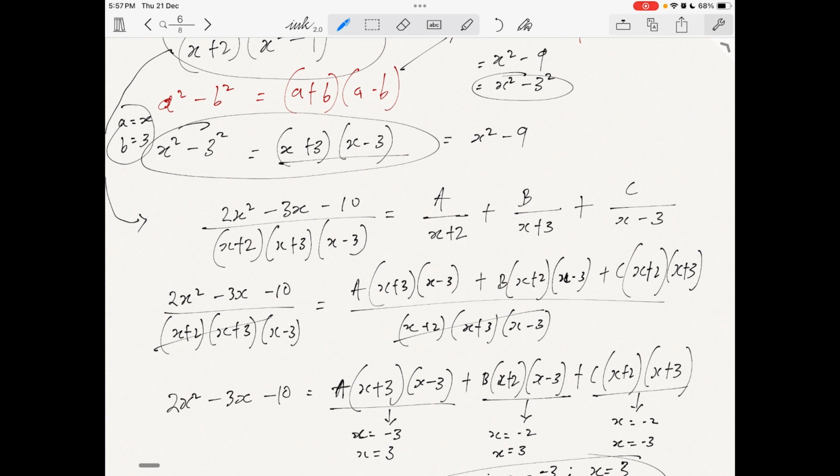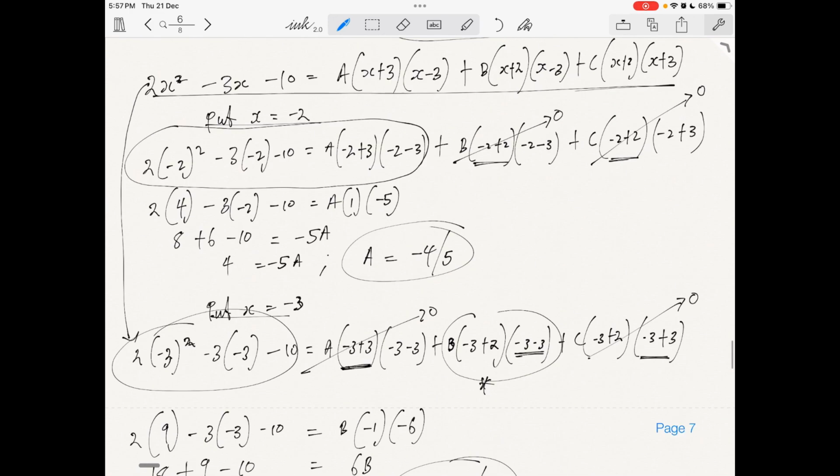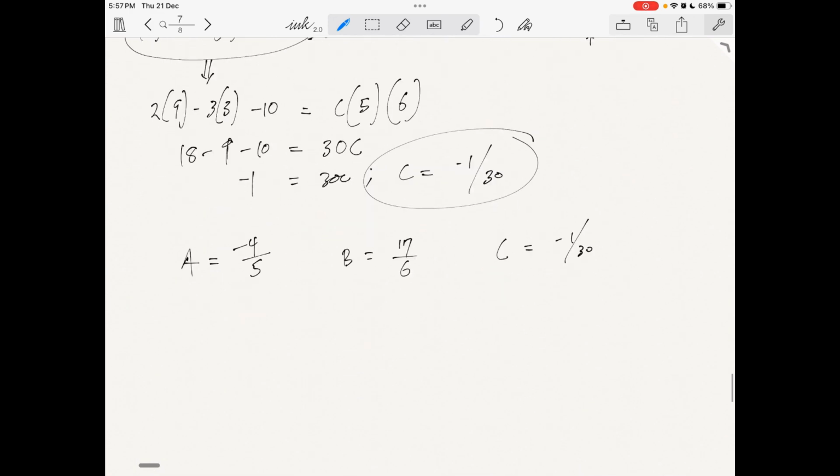So we copy. Remember, this is the beginning. All right. So we have 2x squared. We are always considering the denominator to know what we are using.